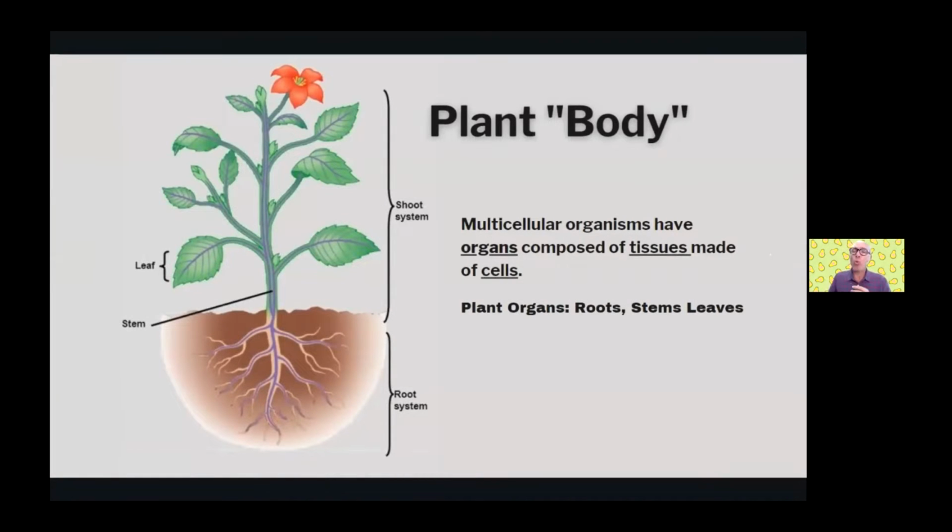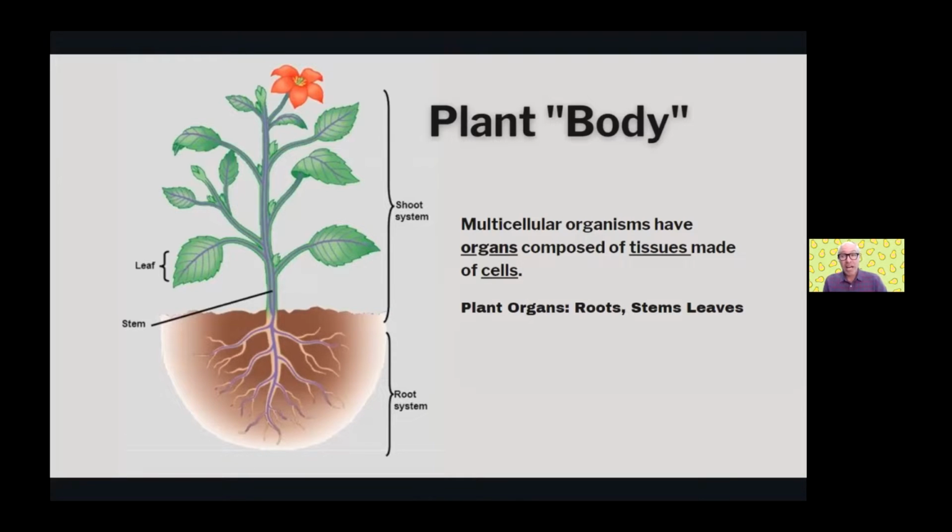So let's start with a little science. Let's use the biggest words that we're going to use today right now and get all the scary botany stuff out of the way. Plants are multicellular organisms, okay? Just like animals are multicellular organisms, so are plants.